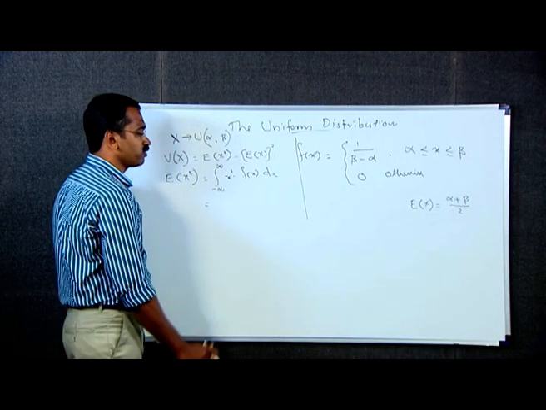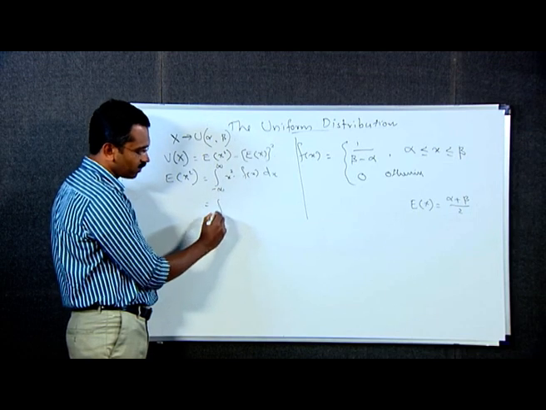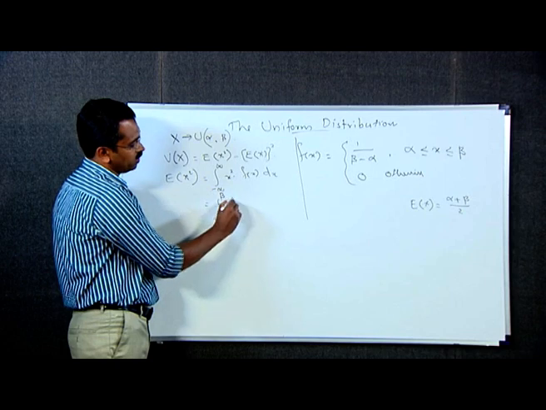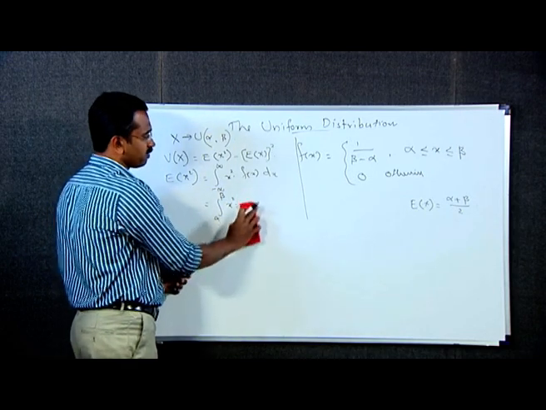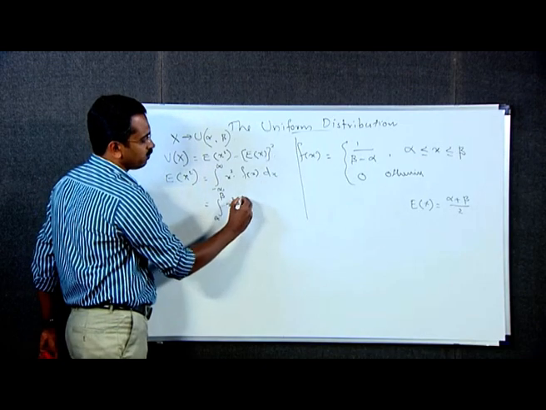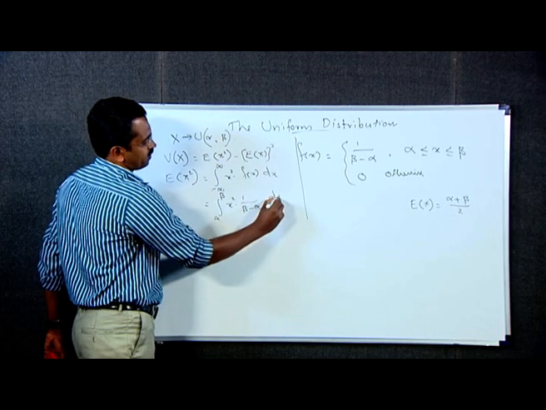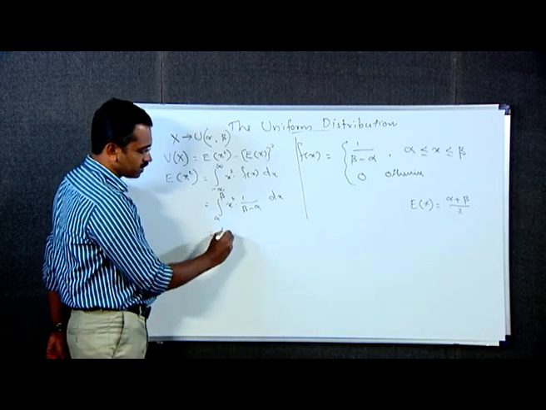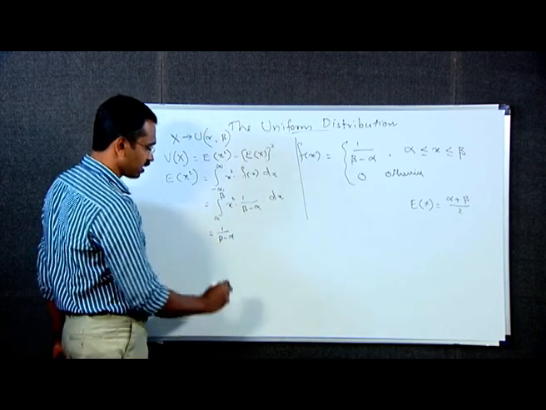Therefore, we have to evaluate the middle integral only, that is integral from alpha to beta x square into f of x dx. In this case, f of x is defined as 1 divided by beta minus alpha, which is a constant that can be taken outside of the integral.